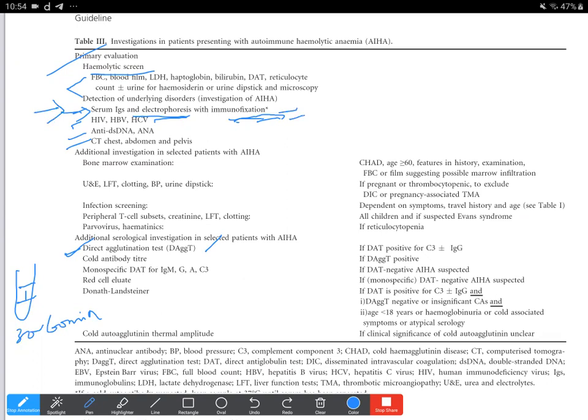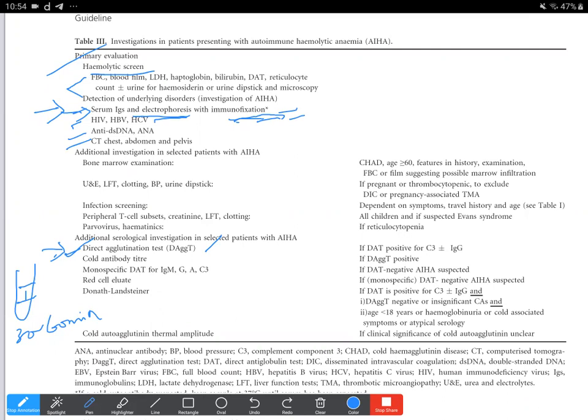And there is another pre-analytical measure that needs to be taken in case of a direct agglutination test, that the patient's serum and the normal RBCs are incubated at room temperature for 30 to 60 minutes. And if no agglutination occurs, then the clinically significant cold hemagglutinins can be excluded.